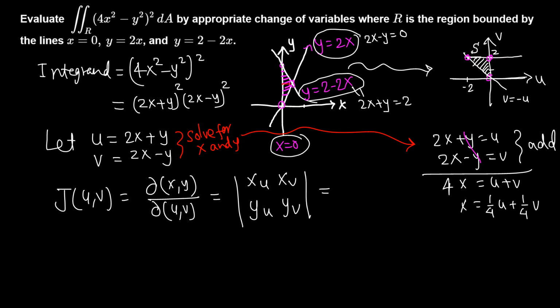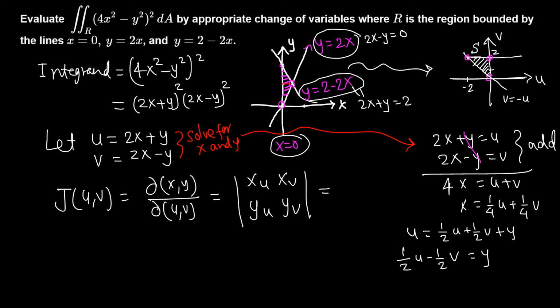In the same way, now we can plug this x into one of these two equations and find y. Let's plug into the first equation. So we get u equals 2 times x, and 2 times 1/4 is 1/2 u plus 1/2 v, plus y. Subtracting 1/2 u and 1/2 v, we get y equals 1/2 u minus 1/2 v.